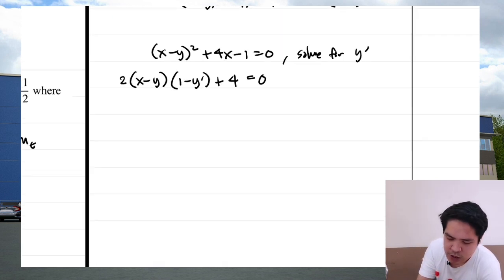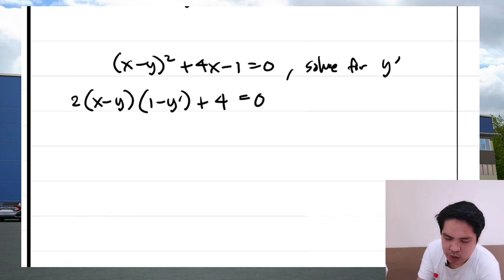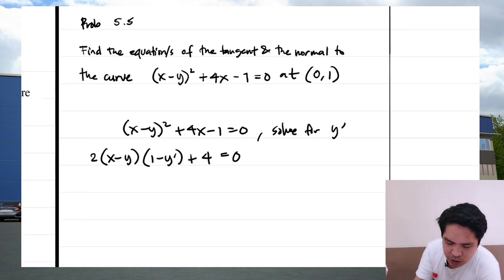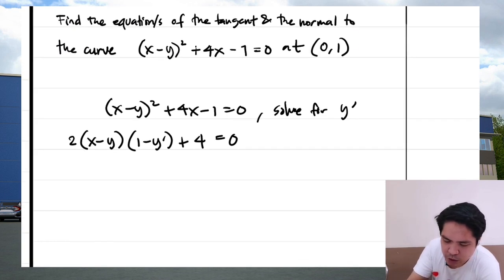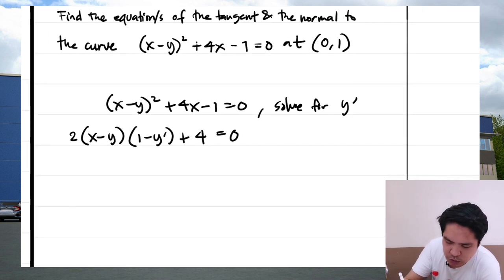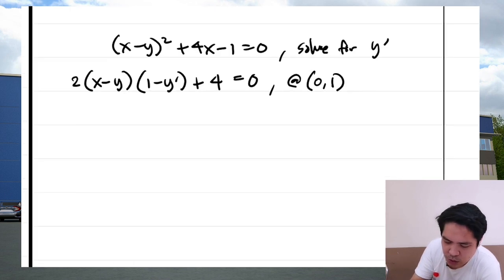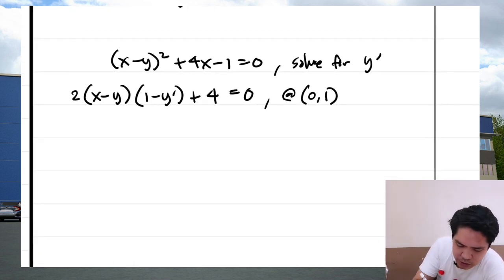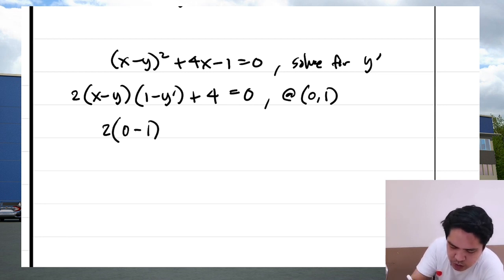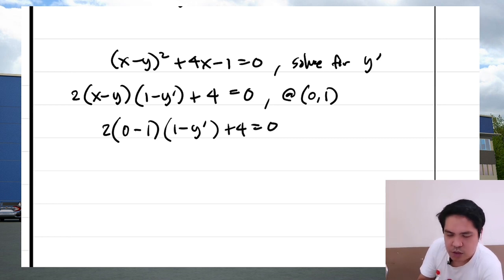Okay, then let's just solve for y prime. And it's easier here, so we won't simplify, since the point is given. So, at point 0, 1, that means x is 0, y is 1. So, let's just substitute. So, that would be 2 times x is 0, y is 1, times 1 minus y prime plus 4 equal to 0. Then, solve for y prime. So, we'll have negative 2.